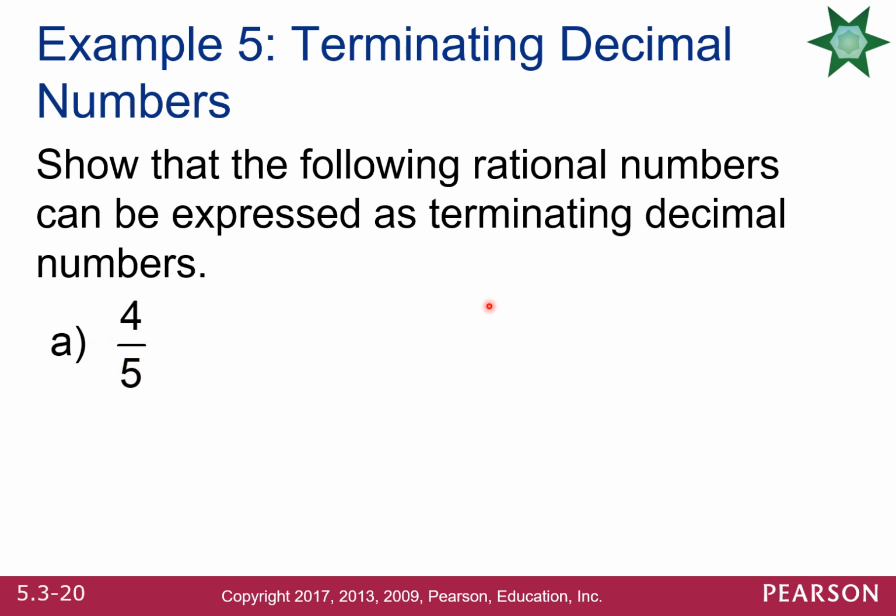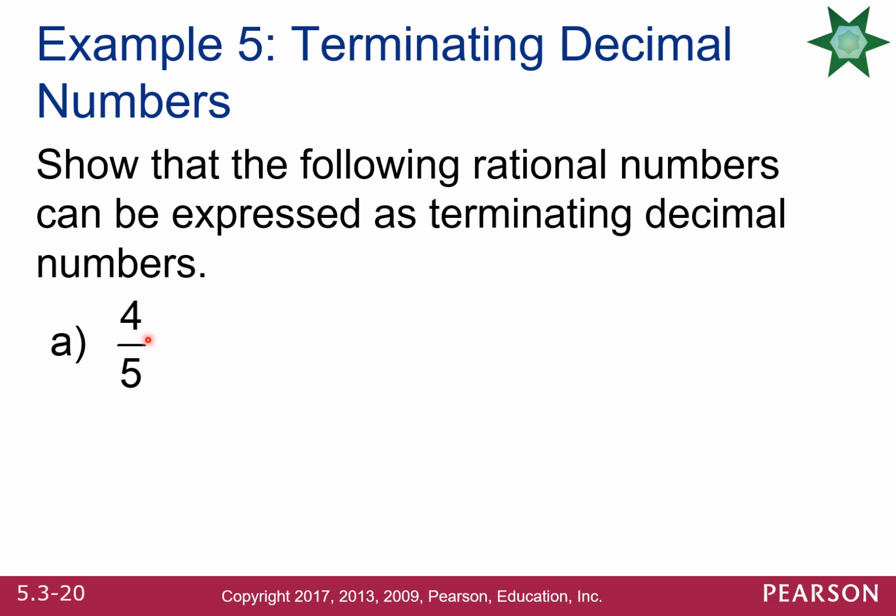However, to prove that it's a terminating decimal number, the division at some point is going to result in a remainder of 0. All right. So if you end up at some point in the division process with a remainder of 0, that means it's a terminating decimal number.